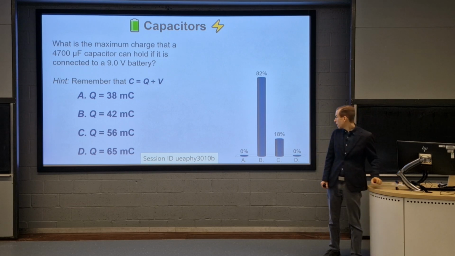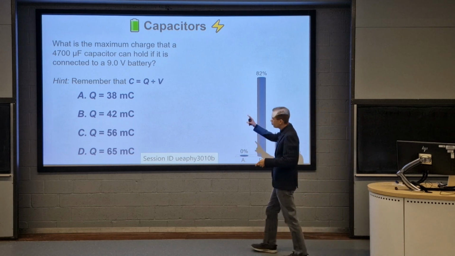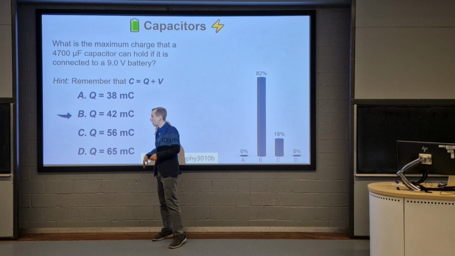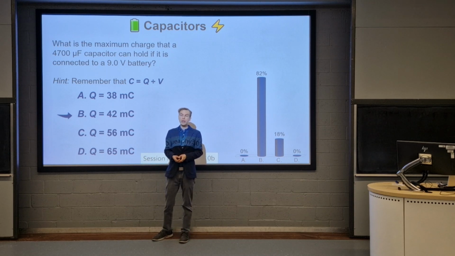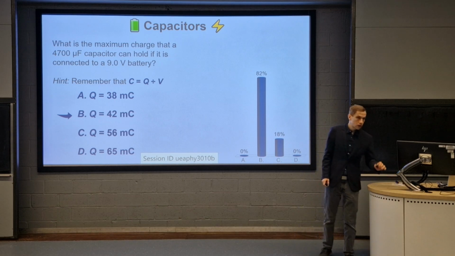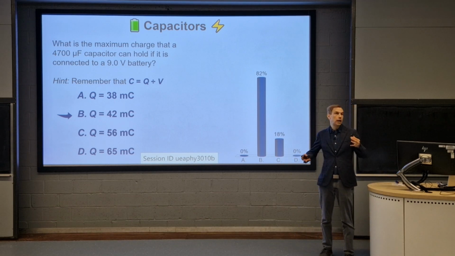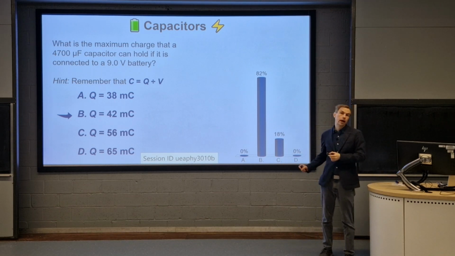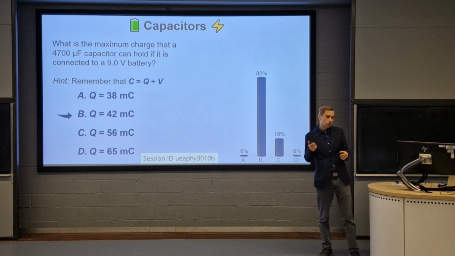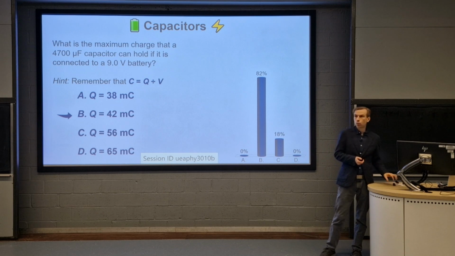And it looks like, as most people got, when you rearrange this equation and solve for Q, we get 42 millicoulombs. So if you connected this particular capacitor up to a 9-volt battery and let it charge up, we know exactly how much charge is going to be stored in the capacitor. Very well done, everybody, with that question.